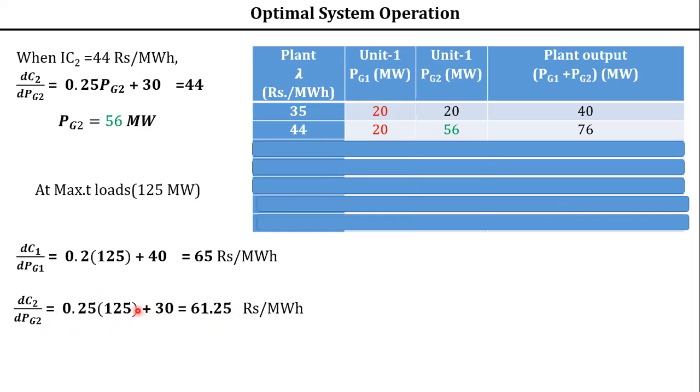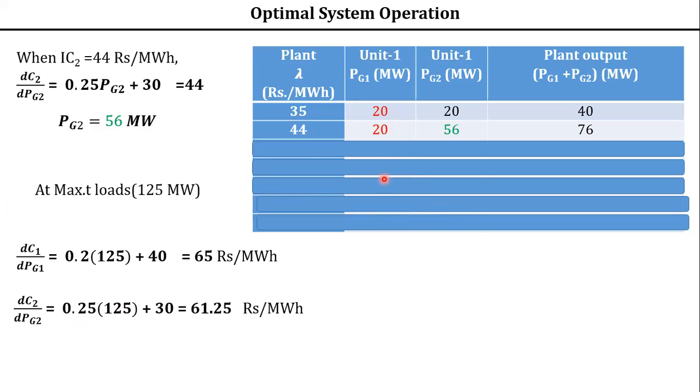Unit 2 has already reached the 125 megawatt maximum limit. But at which value is unit 1 reaching the maximum value? At 65, isn't it? So at 61.25, unit 2 is operating at 125 megawatt.